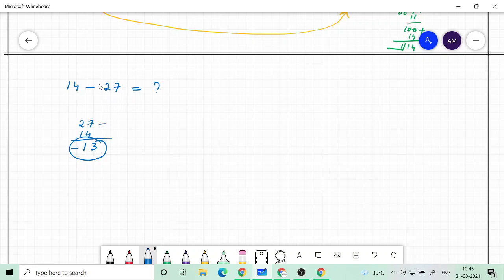So what are the steps we did? We compared the magnitude of two numbers, that is one step. If you want to implement that by machine or computer, you should have a circuit to compare the magnitude of two numbers. It's called a magnitude comparator. So that circuit we need to use, and then once we find out whichever is the larger number, we have to take it as the minuend.